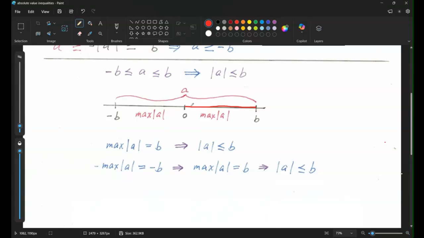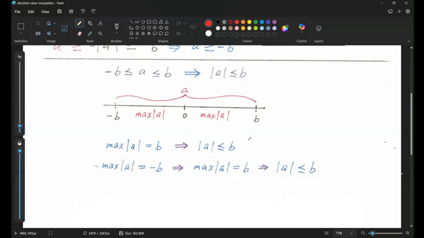But then we would have the same thing down here. These are both the maximum of the absolute value of A, just strictly speaking of the distances. So the maximum absolute value of A would be B. So we get this statement, and we see that we could imply from that that the absolute value of A is B or anything less.